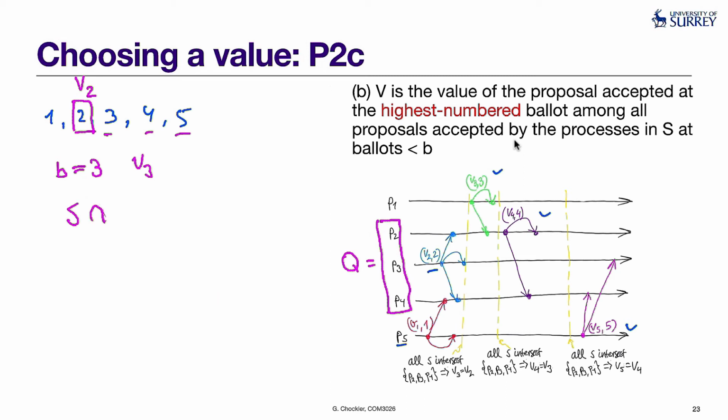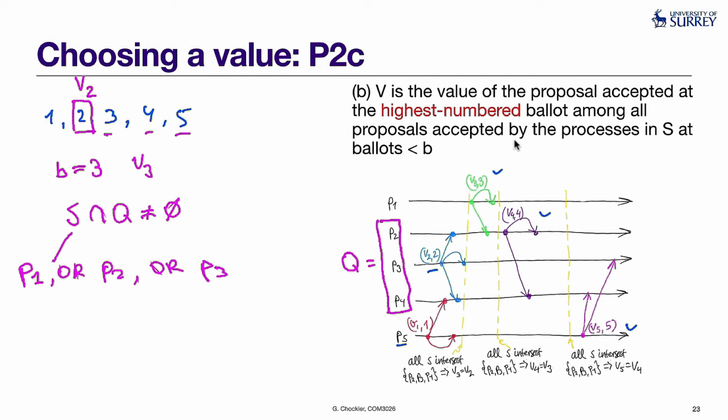So S intersection Q is non-empty. That means that in S we are guaranteed to find either P1 or P2 or P3.